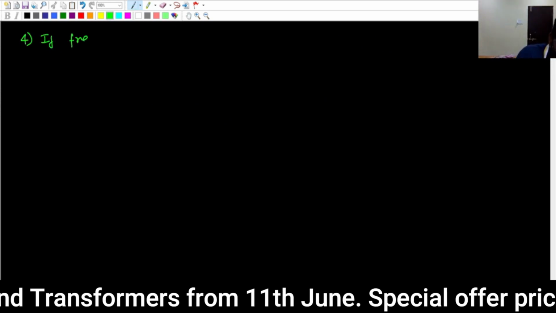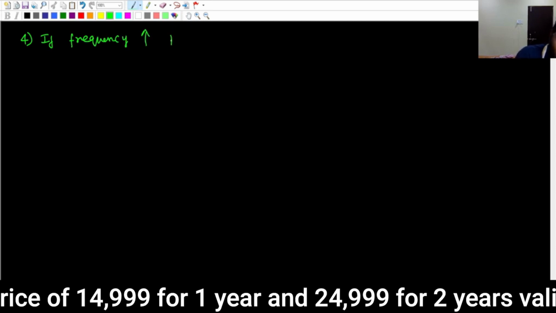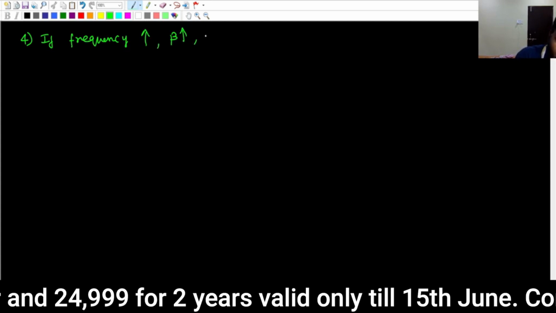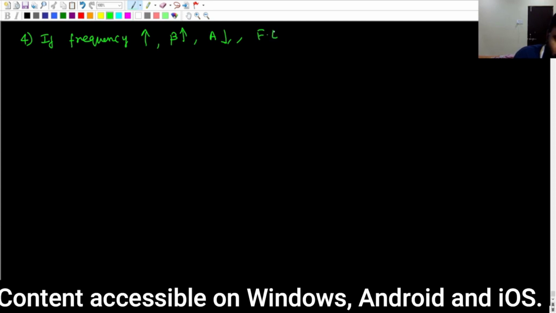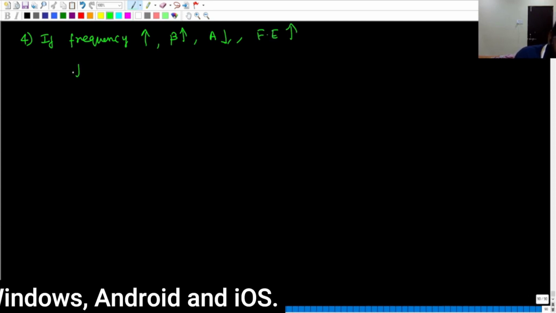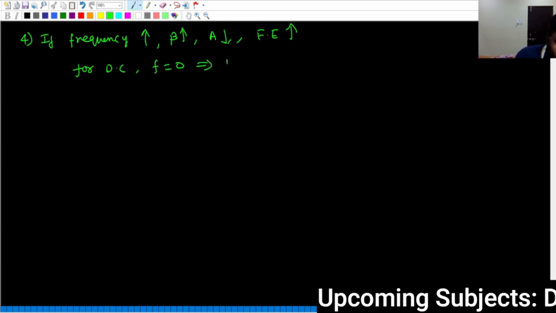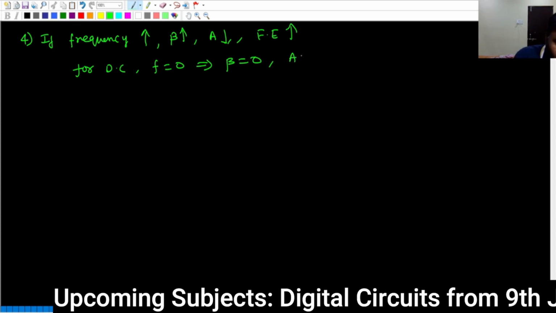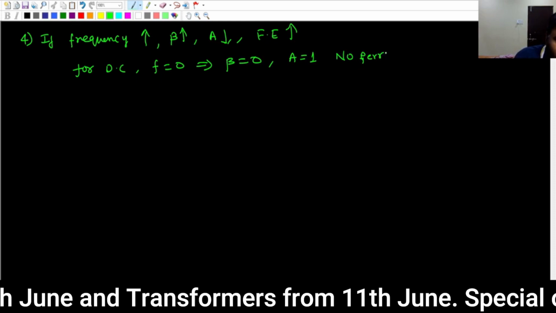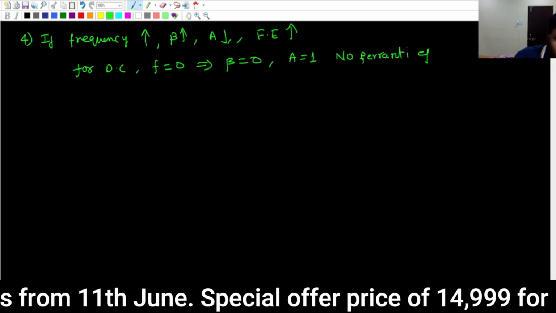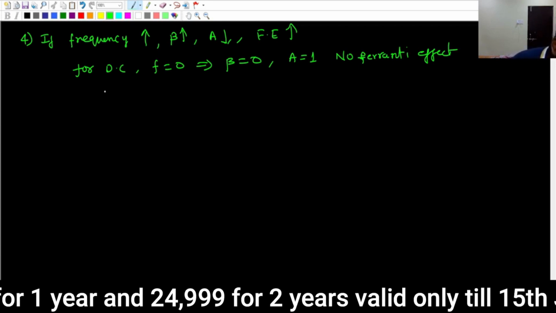If frequency increases, beta increases, A decreases, Ferranti effect increases. For DC, f is 0, beta 0, A equal to 1, no Ferranti effect. For DC, there is no Ferranti effect.